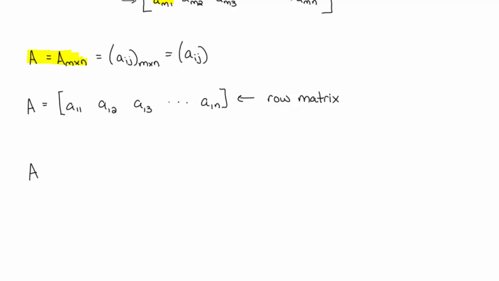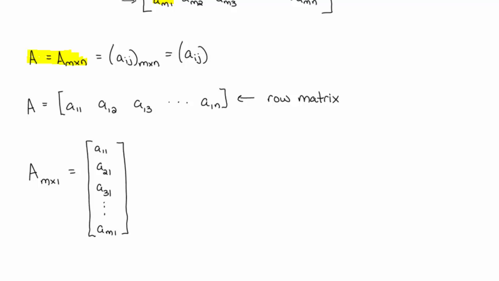More often than not, though, a column matrix is more useful. And this time I'm going to use the alternate notation. I'll just use, sorry, not 1 by n, but m by 1. That means it has m rows and 1 column. So that's a11, a21, a31, and so on and so forth, all the way down the line to am1.